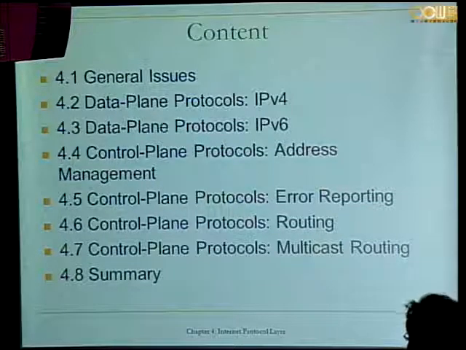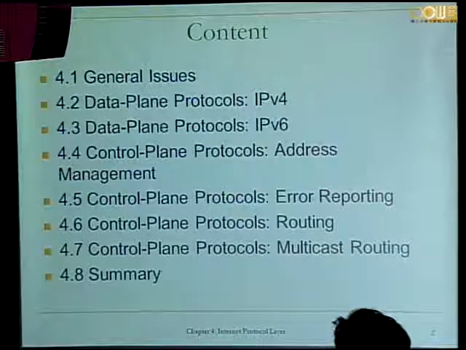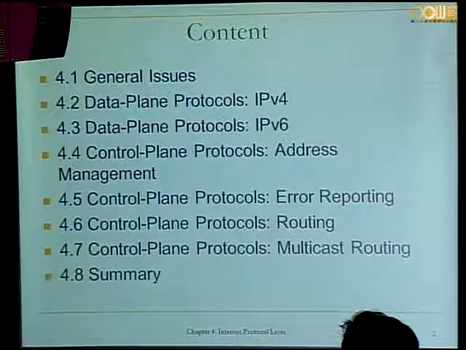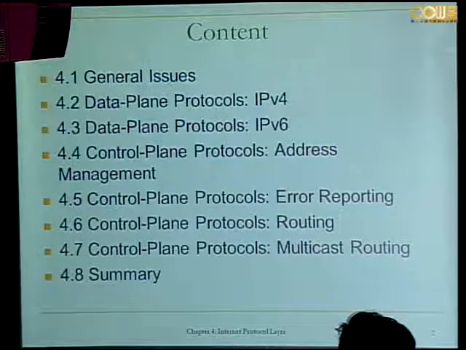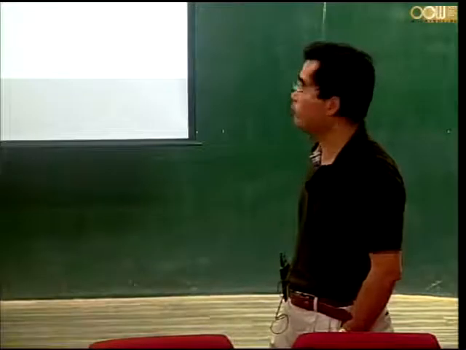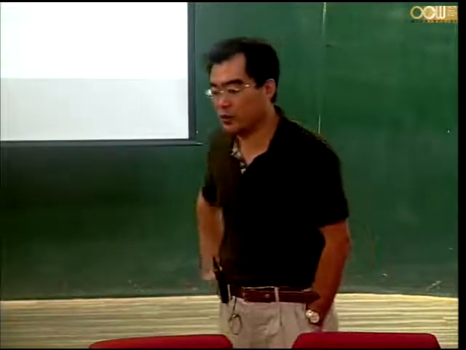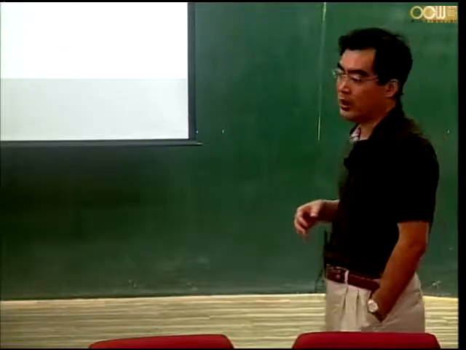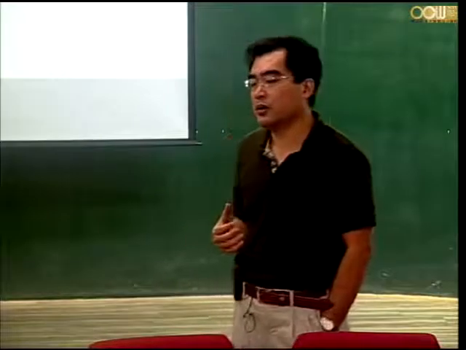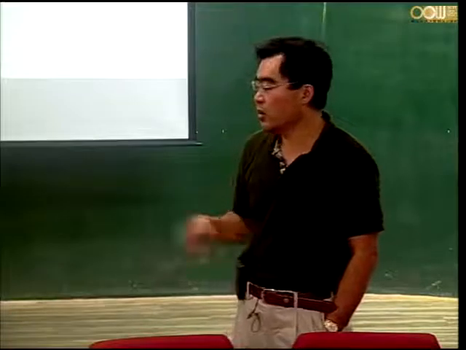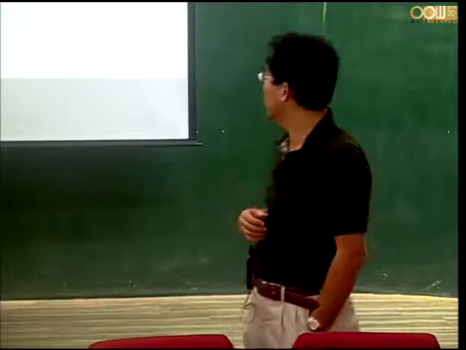However, there are some other control plane protocols. We break down the control plane protocols into 4 categories. The first one is address management, and here we will see ARP, address resolution protocol, and RARP, which is reverse ARP, and also DHCP, dynamic host configuration protocol, which would issue IP addresses and some other parameters to the client.